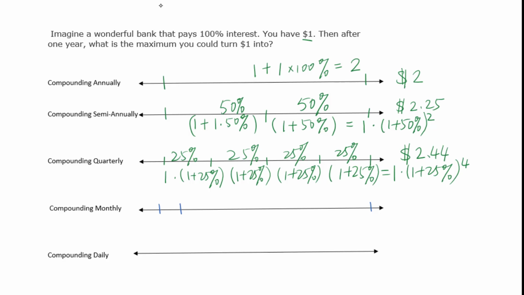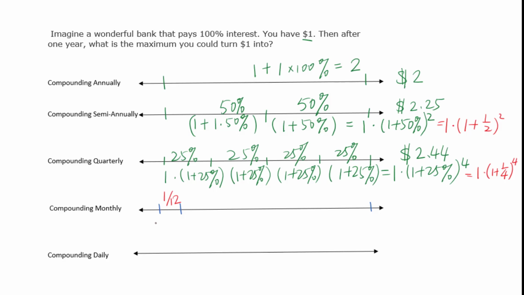Before we go to compounding monthly, let's change the percentage into fraction. For this 50%, basically I can write down 1 times 1 plus 1 over 2 squared. Here I can write down 1 times 1 plus 1 over 4 to the fourth power. For compounding monthly, the interest will be paid 12 times a year. Each time it will be 1 over 12 of the interest.